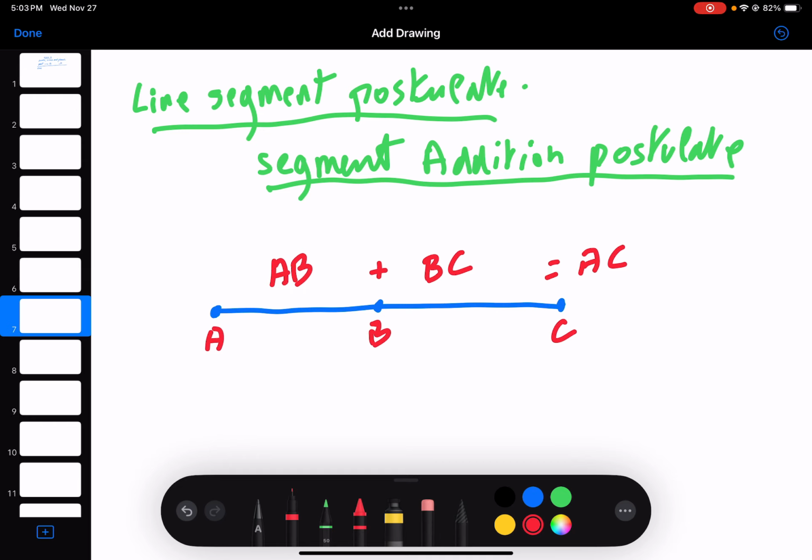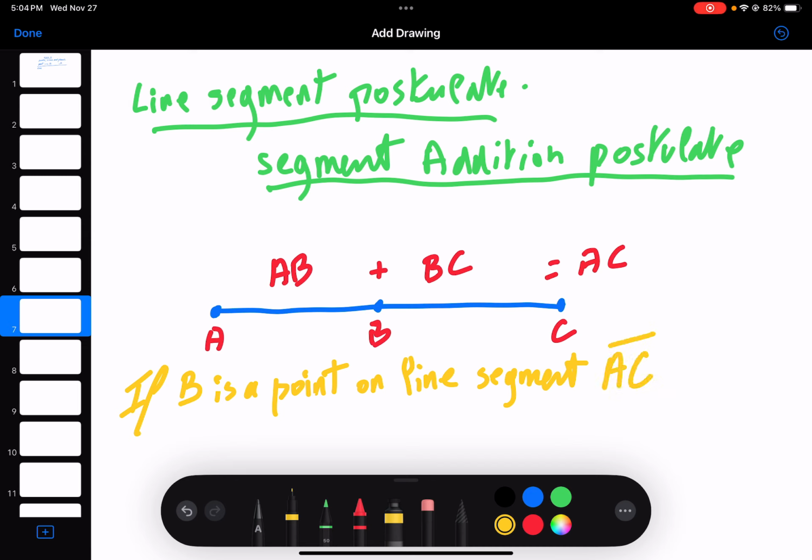And in words, we'll write the postulate this way. If B is a point on line segment AC, all right, so any line segment, but we'll call it AC, then AB plus BC equals AC.